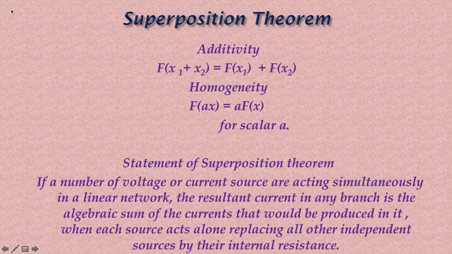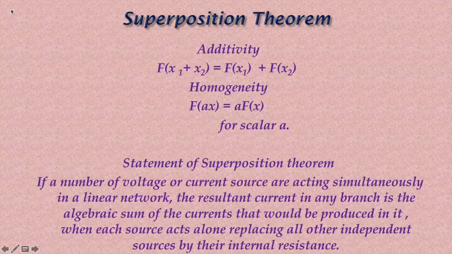So if input A produces response X and input B produces response Y, then input A plus B produces response X plus Y. A function f(x) that satisfies the superposition principle is called a linear function.